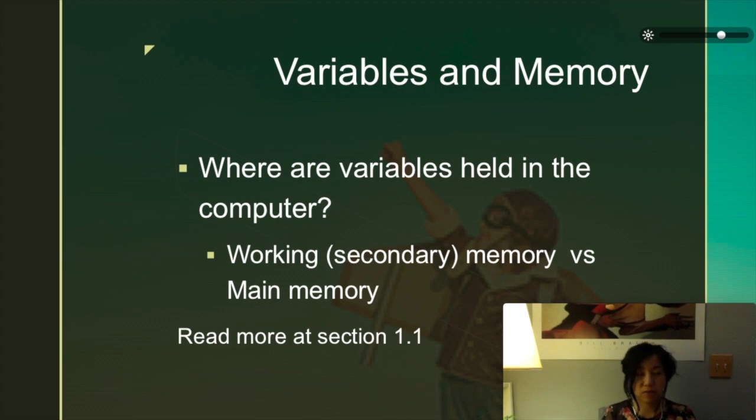If we want to add 25 to 12, we have to hold the number 25 and the number 12 in our head so that we can add them together. It's the same for computers. Computers have to hold the value of those variables in the working memory so that they can do the calculation. If you want to read more, it's in section 1.1 of our textbook.